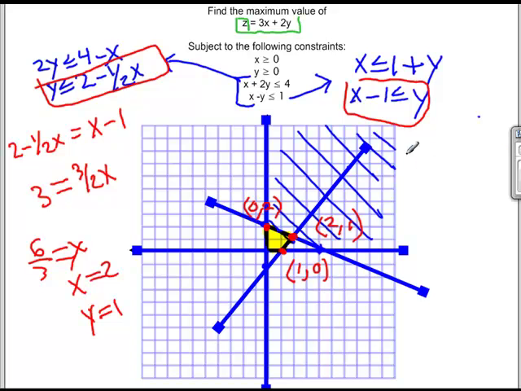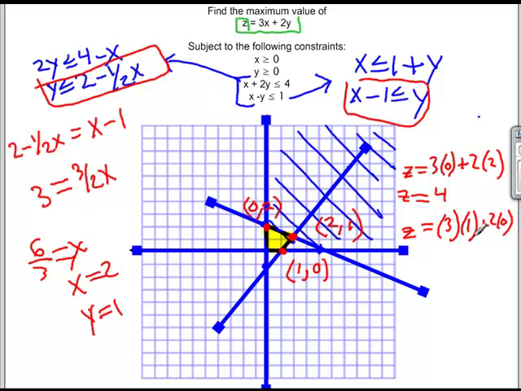And all we're going to do then is literally just plug them in. So z is equal to 3 times, I'm going to do this point first, 0 plus 2 times y, which is 2. That's equal to 4. Alright? Then if we have z equal to, I'm going to use this point right here, it's going to be 3 times 1 plus 2 times 0.